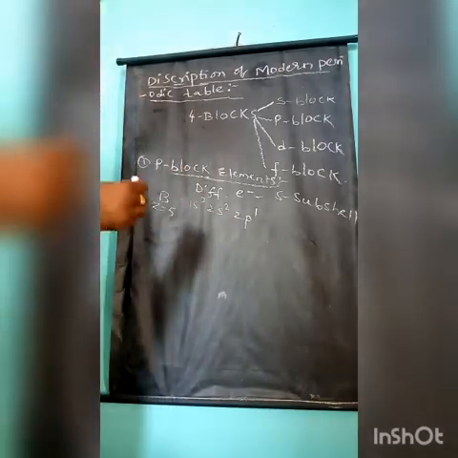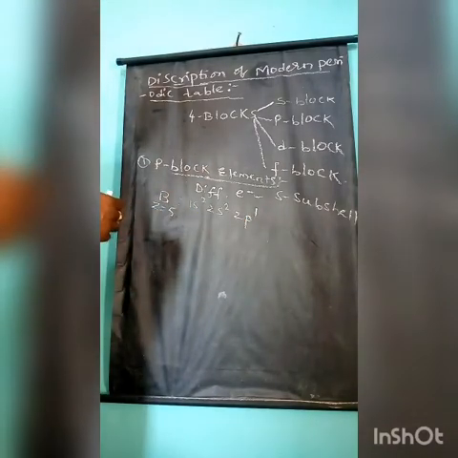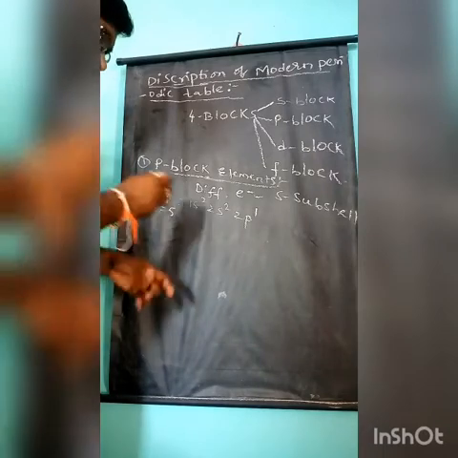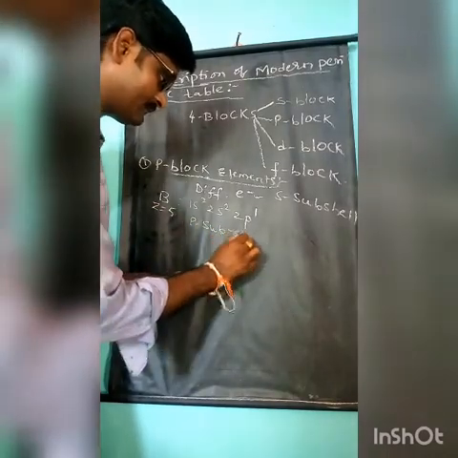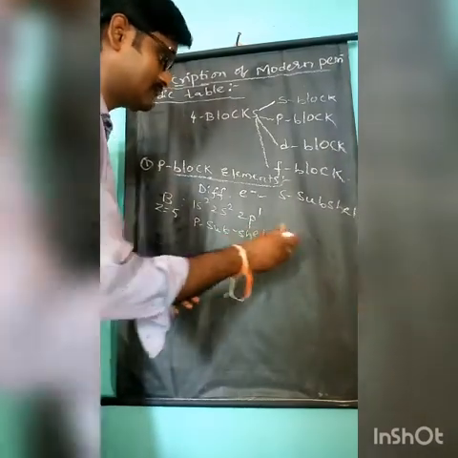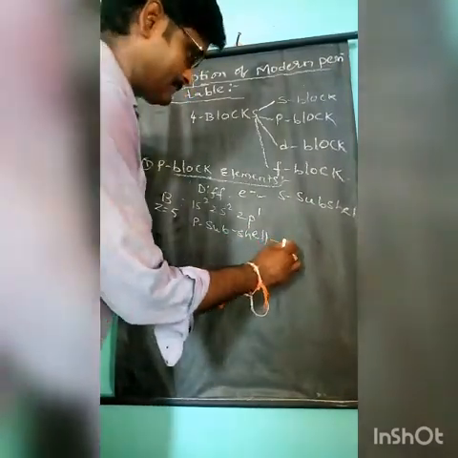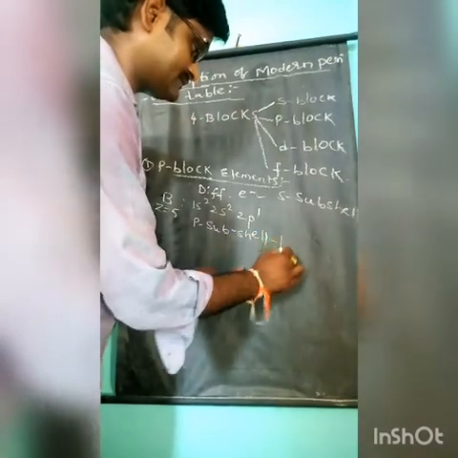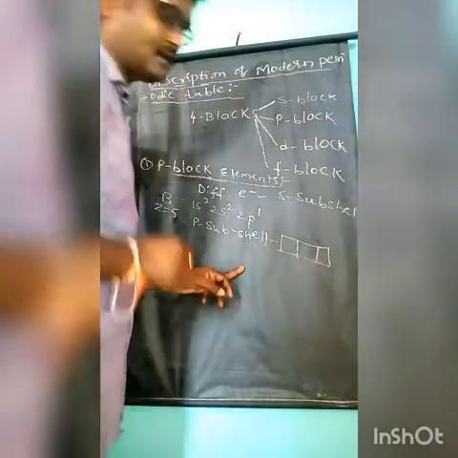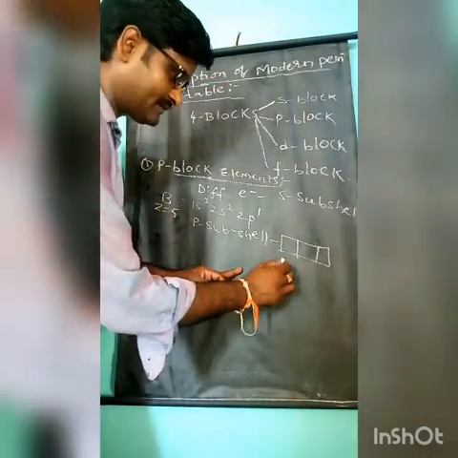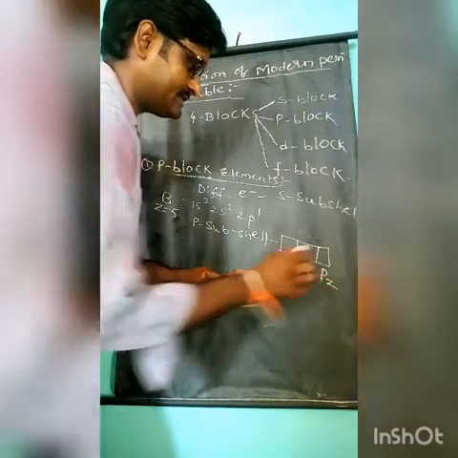Clear? This block contains a total of 6 groups. Why? Because the p subshell contains 3 p orbitals, named px, py, pz.